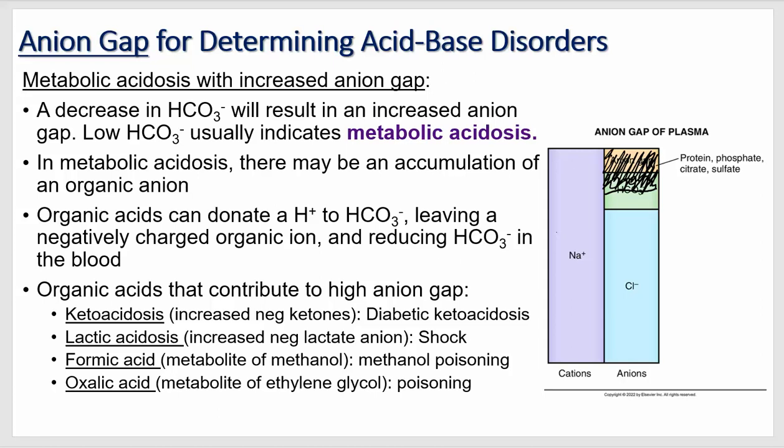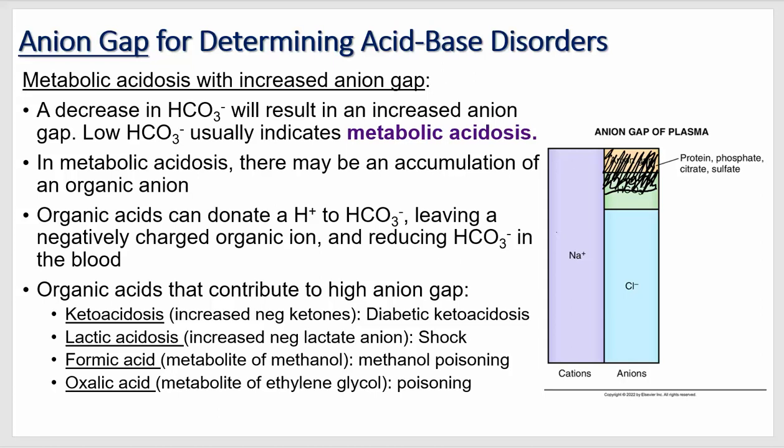This is a good indicator of diabetic ketoacidosis. Then we can look for beta hydroxybutyrate, I think, which is a type of ketone that we can measure. If that's built up, then that explains the increased anion gap.